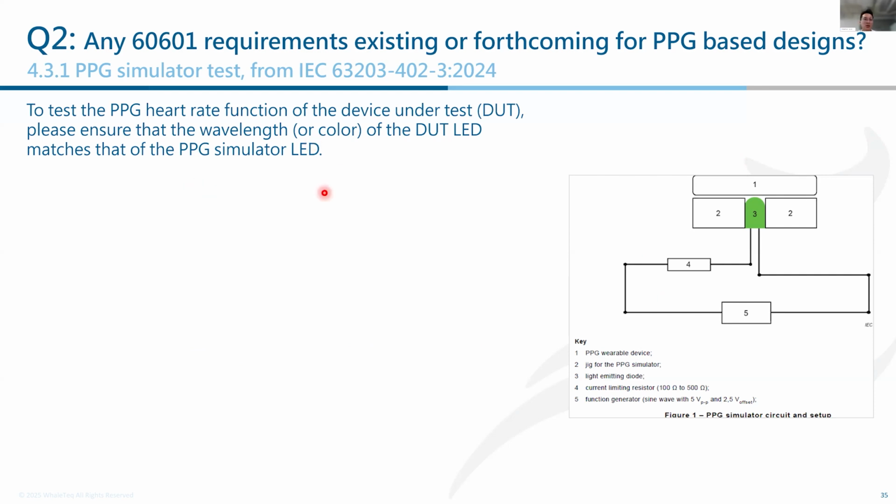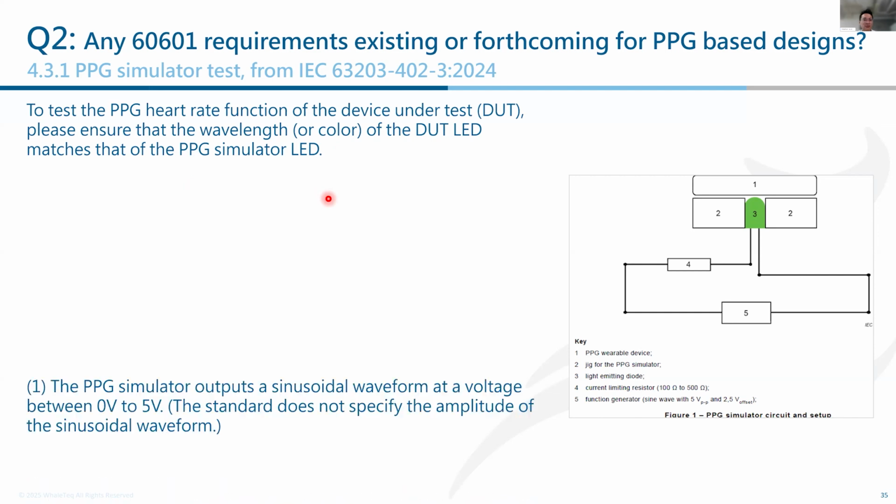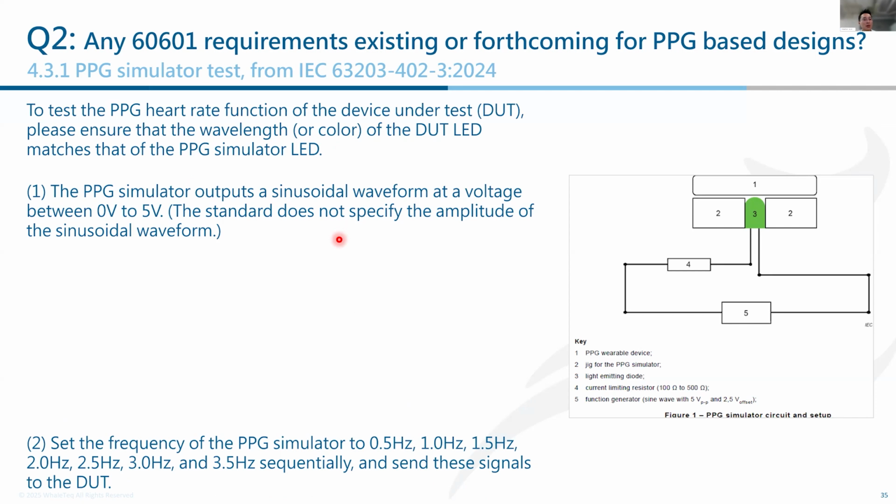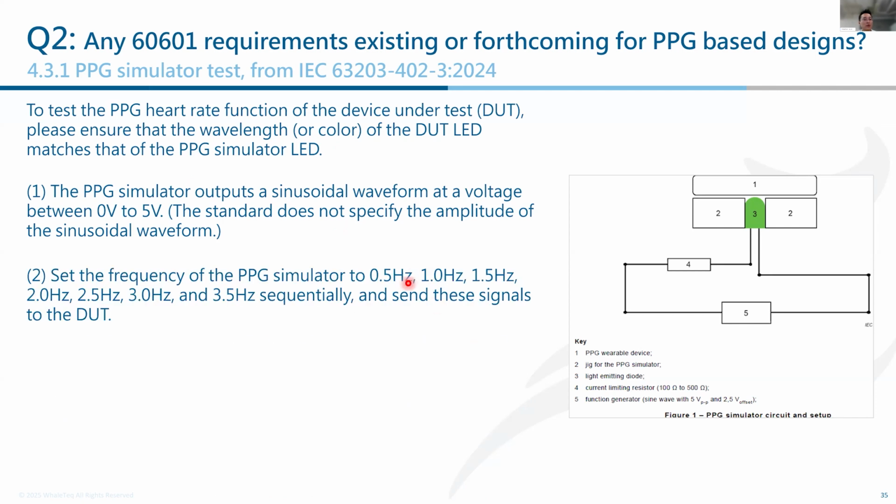So first you've got to make sure the wavelength is correct. And it asks for a sine wave from the simulator at a voltage from 0 to 5. In this case, ACG actually provides the AC voltage from 0 to 30 millivolts. And then you switch different frequencies to test different heart rates, in that case from 0.5 to 3.5.